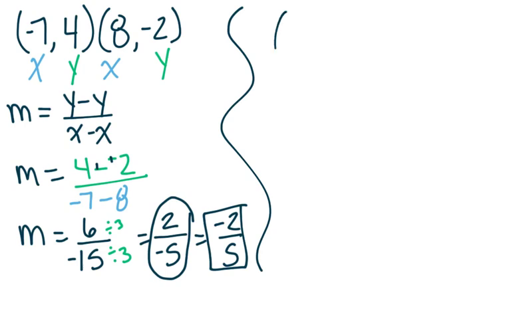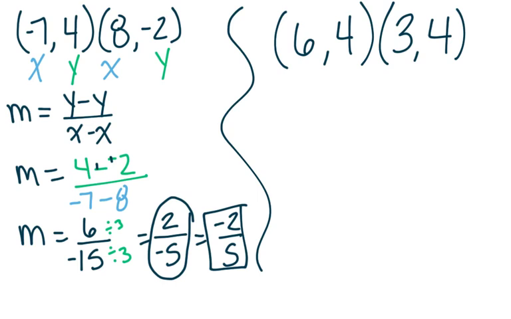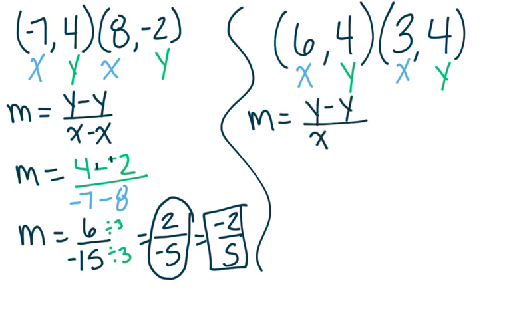Okay, so let's go ahead and do 6, 4 and 3, 4. So once again, I'm going to label my x's. I'm going to label my y's. All right, so I have m equals y minus y over x minus x.